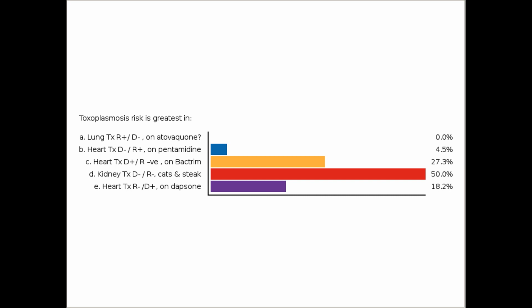And that's probably true for new infections, but in fact it's still fairly rare for our cat owners and steak eaters to come down with toxo. Actually the biggest group here are those who we've intentionally, knowingly or otherwise, given a D plus R minus heart transplant and not given them Bactrim. So E would in fact be the correct answer here.